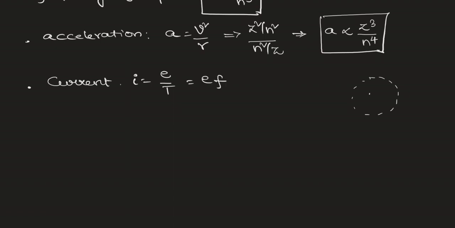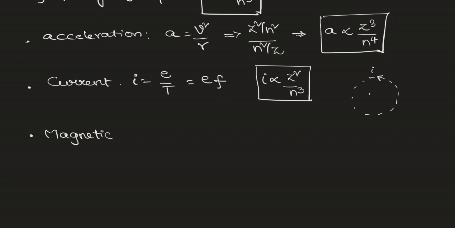As frequency is directly proportional to z square by n cube, current is also proportional to z square by n cube. And after this, as some current is produced, I can assume this as a current carrying loop. They will ask you about the magnetic field produced at the center of the loop.